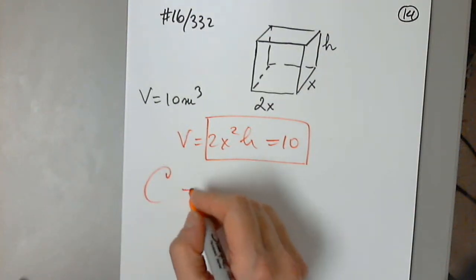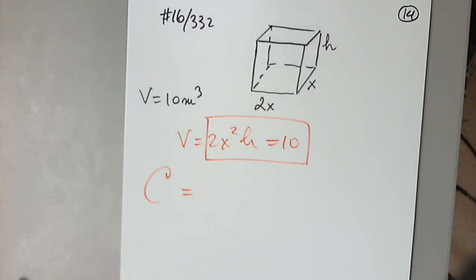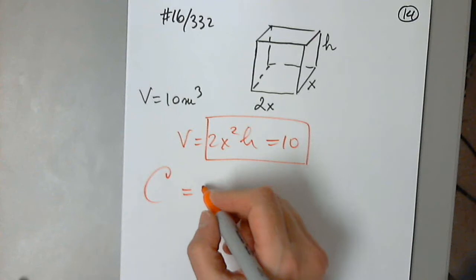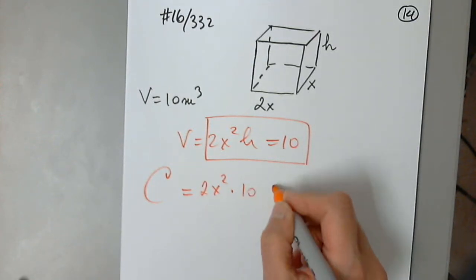So now let's analyze the cost. The base costs $10 per square meter. The sides, 6. So what is the area of the base? Good. Times the cost per square meter. So 2x squared times 10 plus.